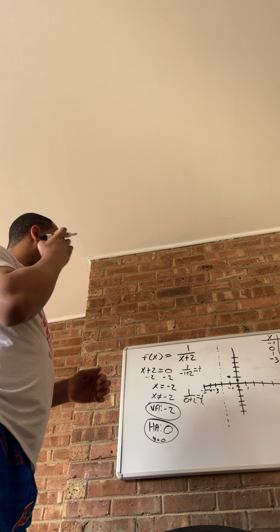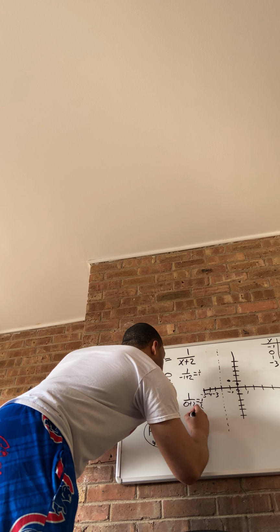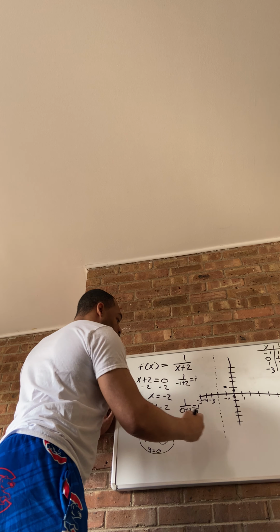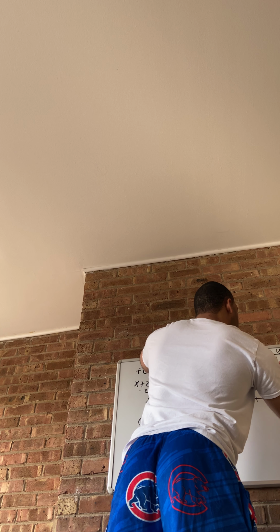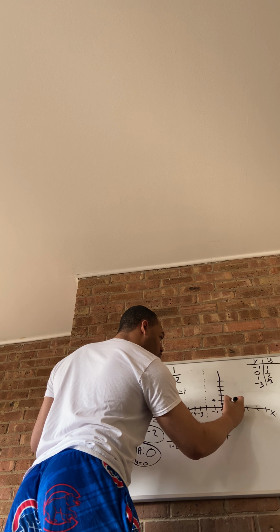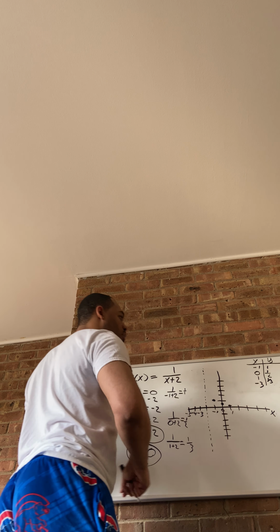Last point I'm going to plug in is positive 1. If I plug in positive 1, I get 1 over 1 plus 2, which gives me 1/3. So at positive 1, the point is (1, 1/3). I'm getting close to my asymptote, but not quite touching it.